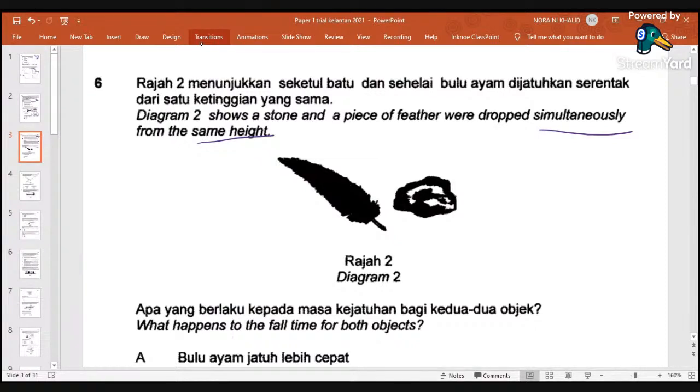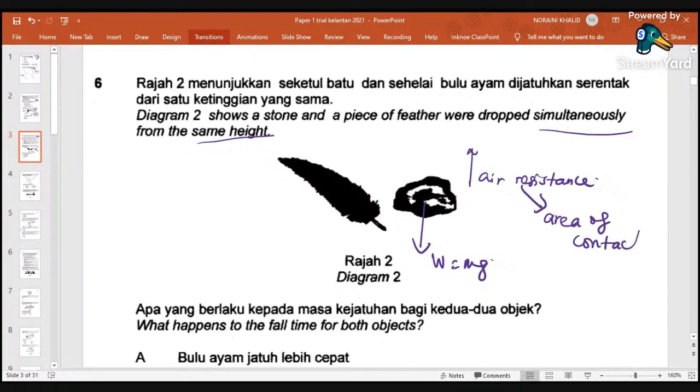So in this case, there is air resistance. So when you try to mark the force, of course, there will be W, the gravitational force weight, and also there is air resistance. The factor that affects air resistance is area of contact. As you can see, the feather will have larger surface area of contact.